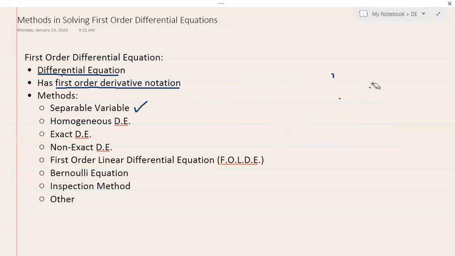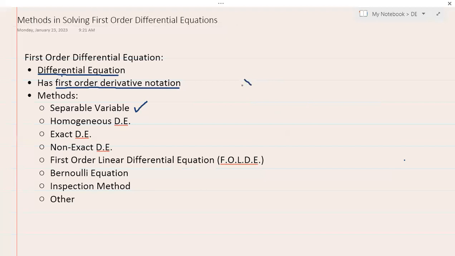Next is meron tayong homogeneous differential equation. Ano ulit yung homogeneous? So, if you're going to recall, ang homogeneous, di ba, is meron kang isang given na differential equation tapos on the right side ay equal to 0. Right? So, bigyan kita ng example.